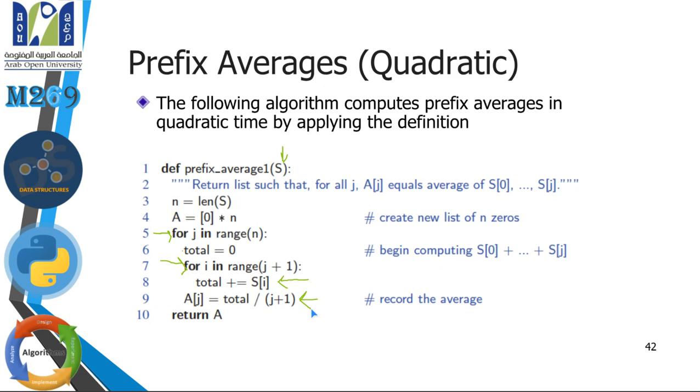See this line? This is a nested loop. No, wait. This is a loop, and this is another loop. So this one is going to be executed n by n, because we have a nested loop. So this is n to the power 2. Don't forget this, please. This is how we analyze the code.